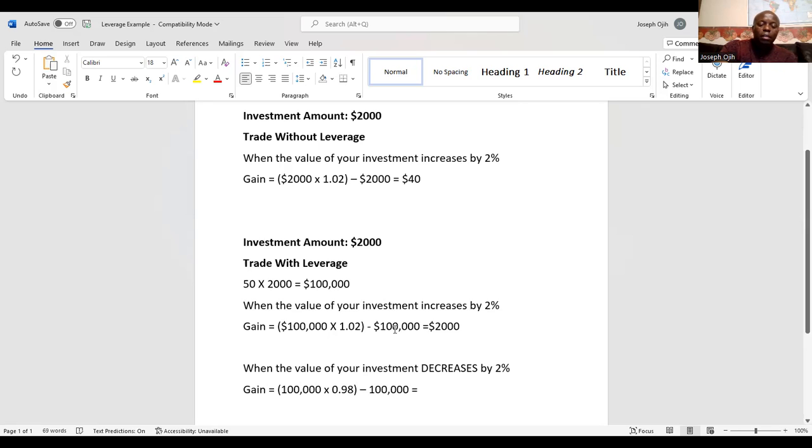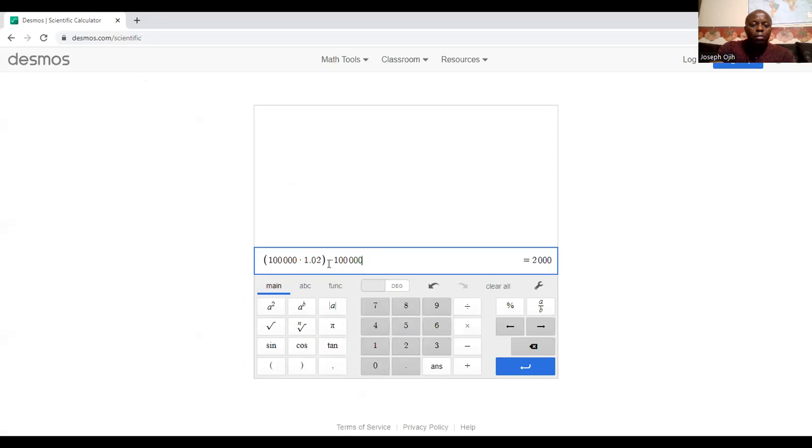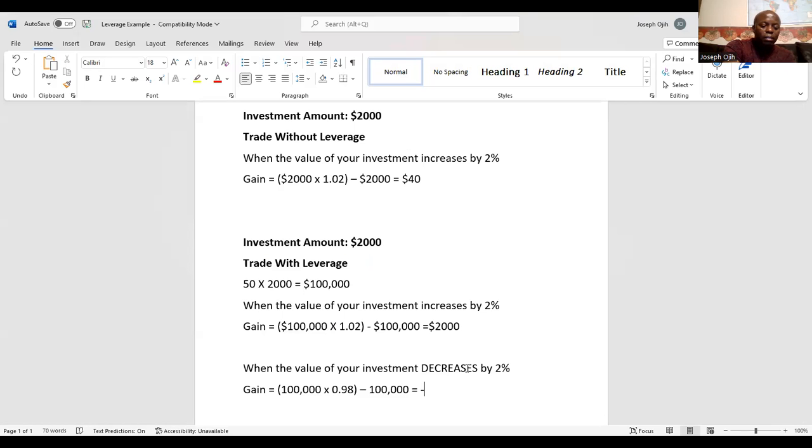Putting this in a calculator, we have 100,000 times 0.98. So you'll be losing. You have a loss of $2,000. Negative $2,000. See?